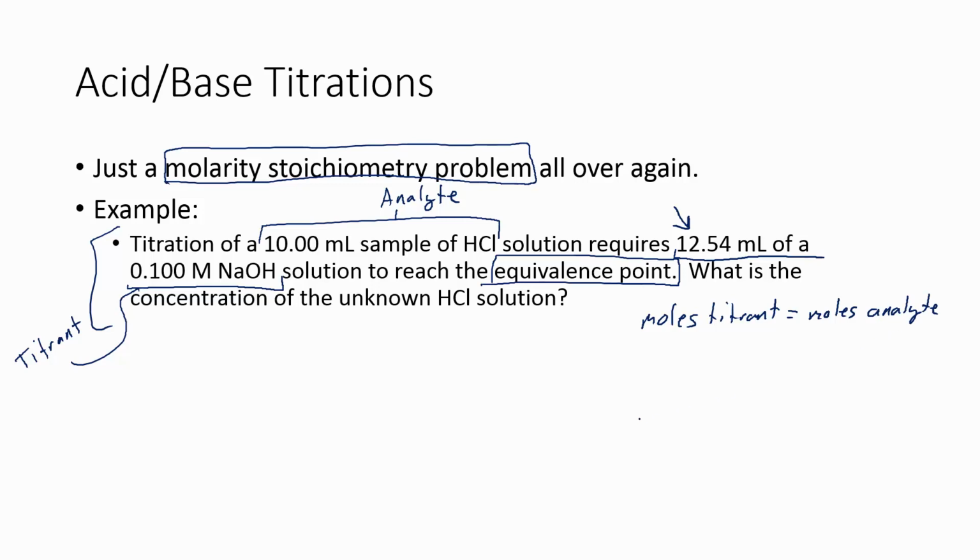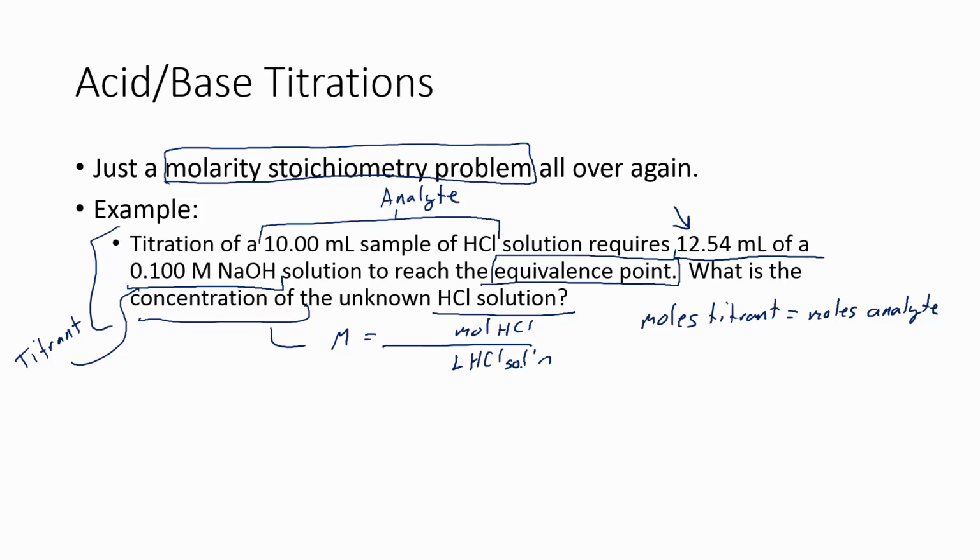Okay? Excellent. So we've added exactly enough moles of one for moles of the other. So let's look at this. What's the concentration of the unknown hydrochloric acid solution? Well, the concentration is going to be in molar units, or moles of HCl for every liter of HCl solution.